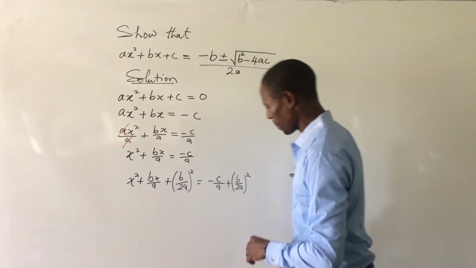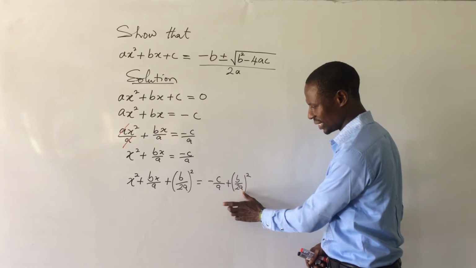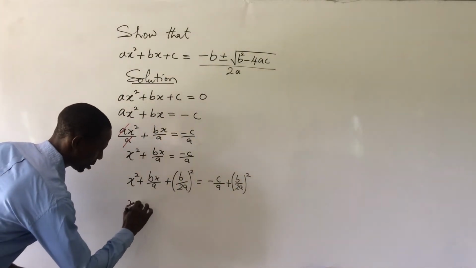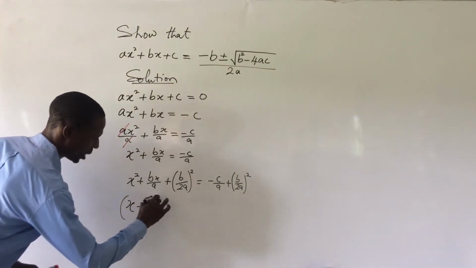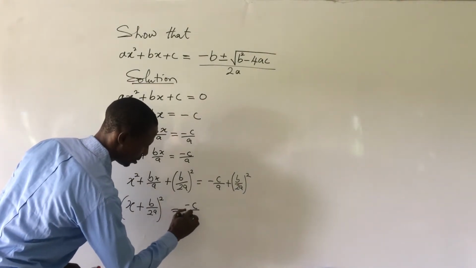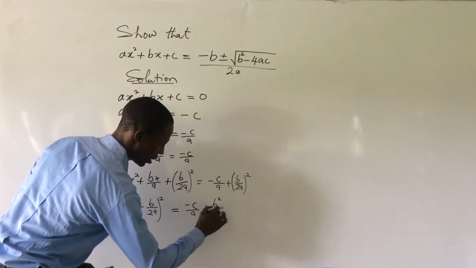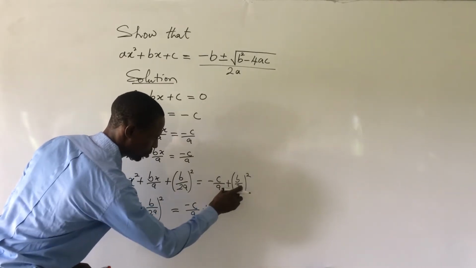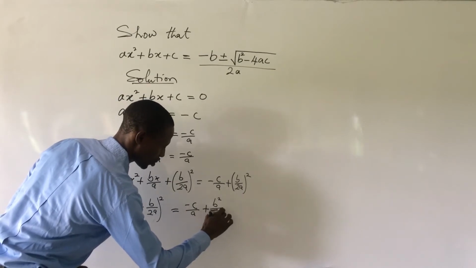So this will give us x plus b all over 2a all squared equal to minus c all over a plus b squared all over 2 times 2a squared, which will give us 4a squared.